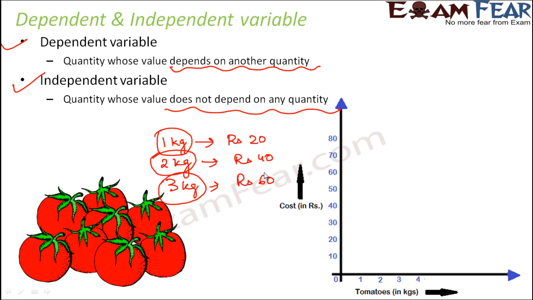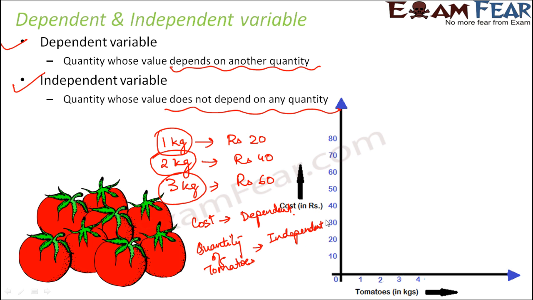So in this particular example, you can say that cost is a dependent variable, because the value of the cost depends upon the quantity of the tomatoes. So cost is a dependent variable, whereas the quantity of tomatoes is an independent variable.